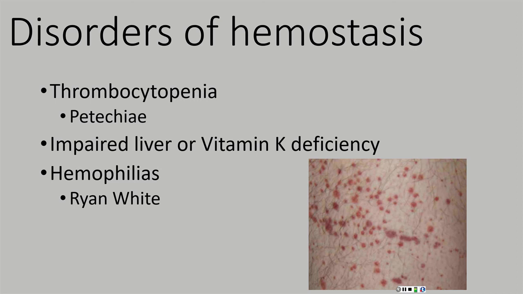And Ryan White went to get a transfusion, and the blood that he was transfused with had the HIV virus. And Ryan White developed AIDS as a result. And that is what brought all of the attention to the AIDS epidemic in the 1980s. So Ryan White did end up dying from AIDS because he received it in a blood transfusion.